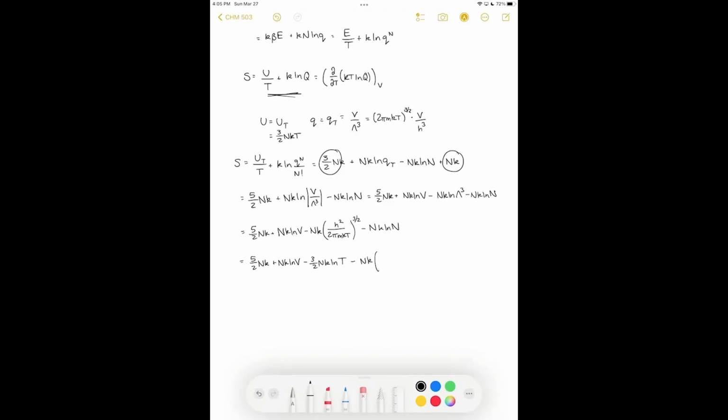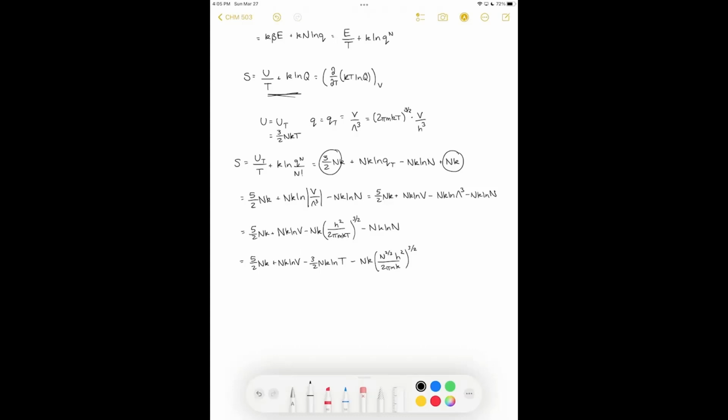And here, to put our N in this 3/2 with us, we'll put N to the 2/3, which is a little bit wonky, but there it goes. So N to the 2/3 times (h squared over 2 pi mk) raised to the 3/2. And so in this case, we have our almost complete equation.